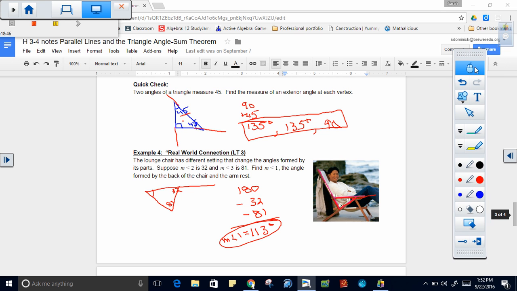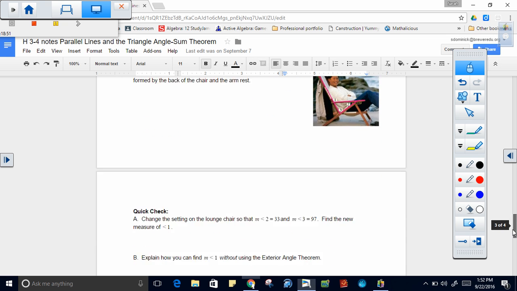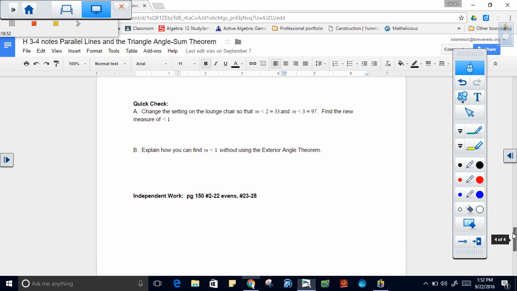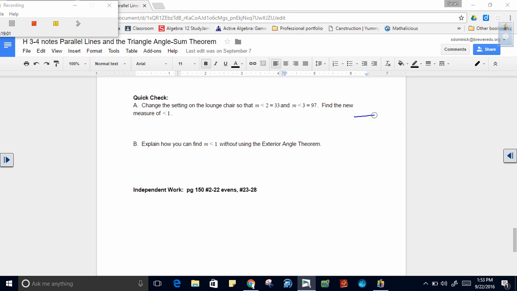Okay. So work on your quick check. Okay, for the quick check, it says change the setting on the lounge chair. So I'm going to draw another picture. So the measure of angle 2 is 33.